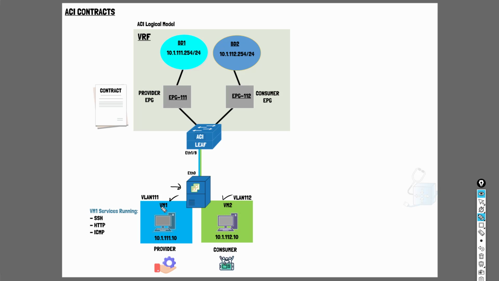The subnet on VLAN 111 is 10.1.111.0/24, and this is the IP address given to VM1, which will be the provider or the server. And VLAN 112 will be the client VLAN, and VM2 is running on it, so it will be 10.1.112.10. This is the IP address of this client machine.